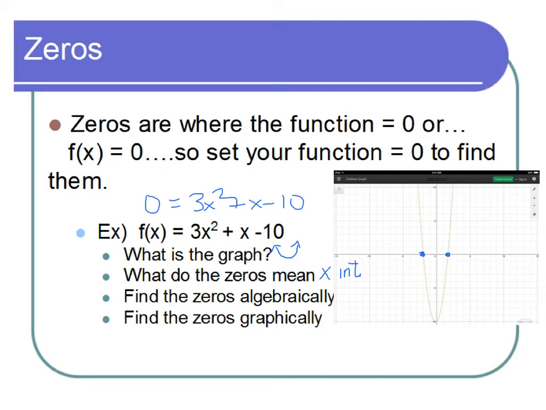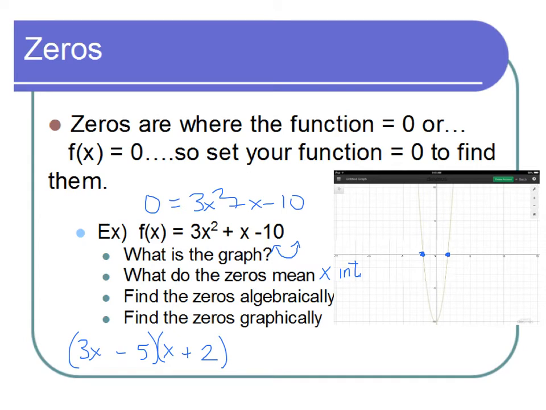Find the zeros algebraically. If I was going to do that algebraically, I'd come back up here, and I would factor. Okay, so if you factor that, I'm going to come down at the bottom and factor. I'm going to end up with a 3x and an x. I'm going to want a 5 and a 2. So that gives me 6. I want a plus 6 minus 5.